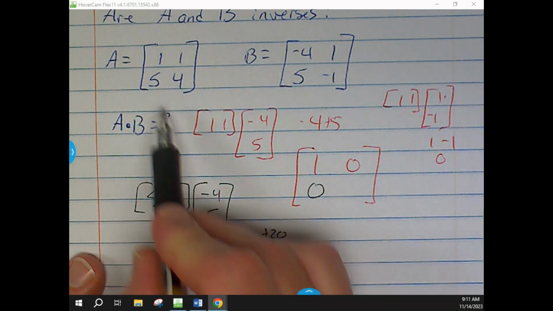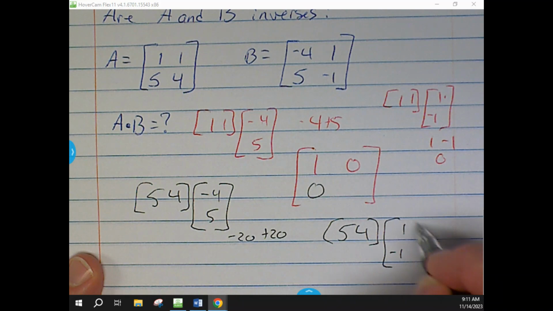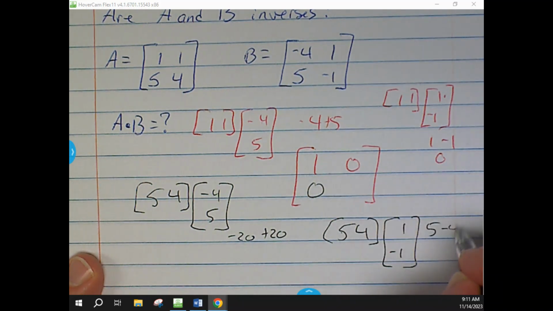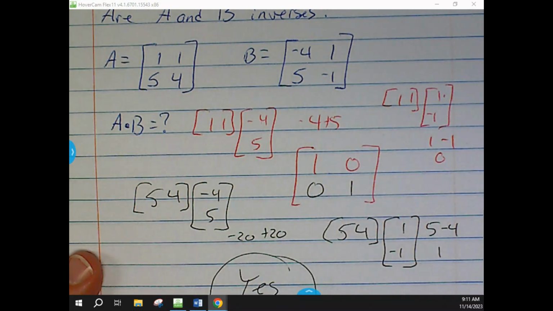So the last one, 5, 4 times 1, negative 1. 5 times 1 is 5. 4 times negative 1 is negative 4. That does give us a 1. So we've got the identity matrix here. Are they inverses? Yes, they are.